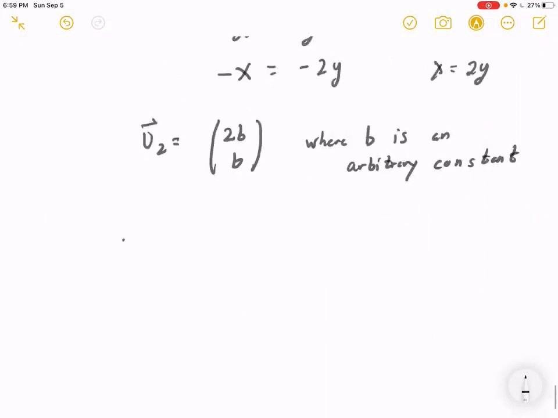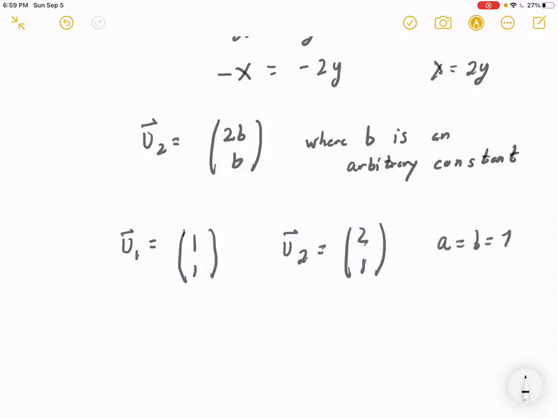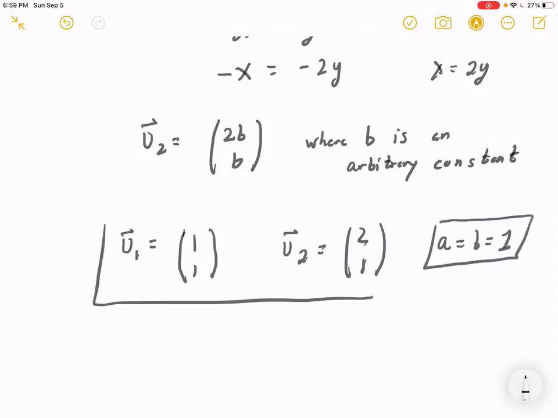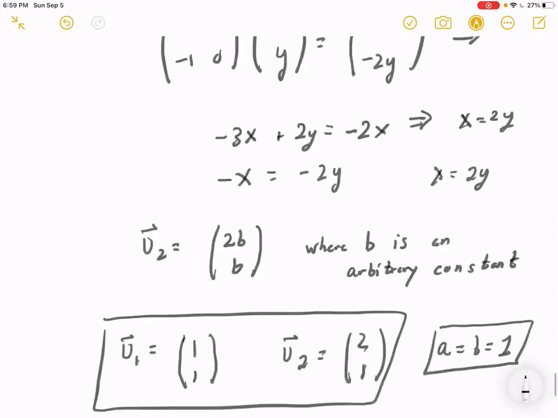So what I have found is that u sub 1 is in fact this, and u sub 2 is in fact this. Remember, eigenvectors are not unique. They are known only up to an arbitrary constant. So to make life simple, I will set A and B both equal to 1. So there are my eigenvectors.